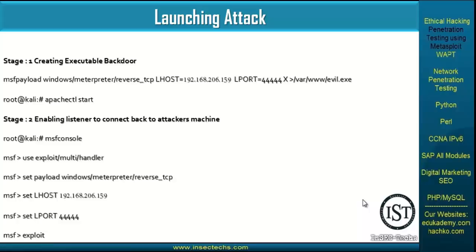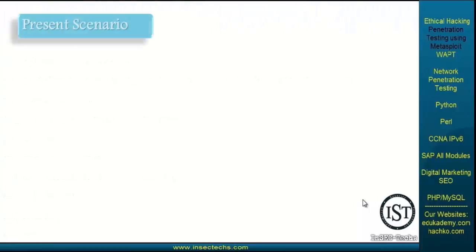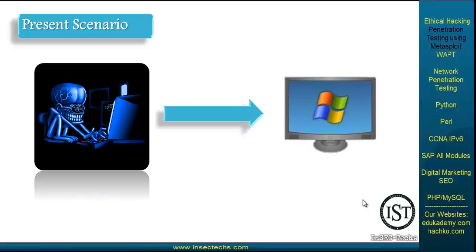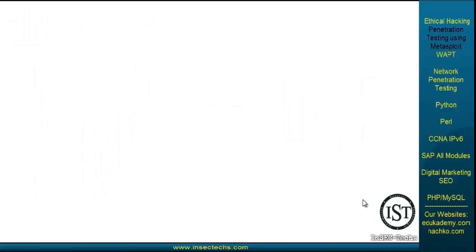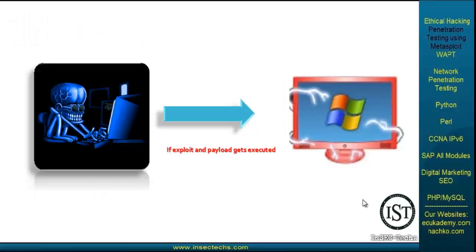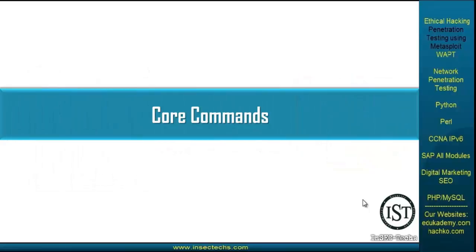So this is the scenario. The attacker is trying to compromise this particular XP box. If the payload and exploit get executed successfully, the machine will be in the attacker's control. So now let us discuss the core commands, and even before that, let us start exploiting the machine.